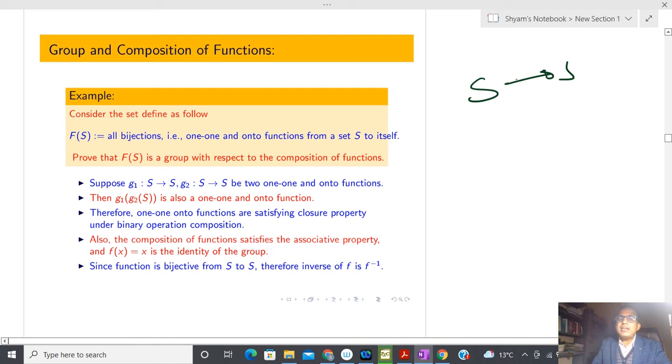It means that if you are moving in a two-dimensional plane, with respect to translation we have some kind of group. At that time we used the composition of functions. Now one can generalize this result: all bijections, one-one and onto functions, under composition of functions are going to form a group.